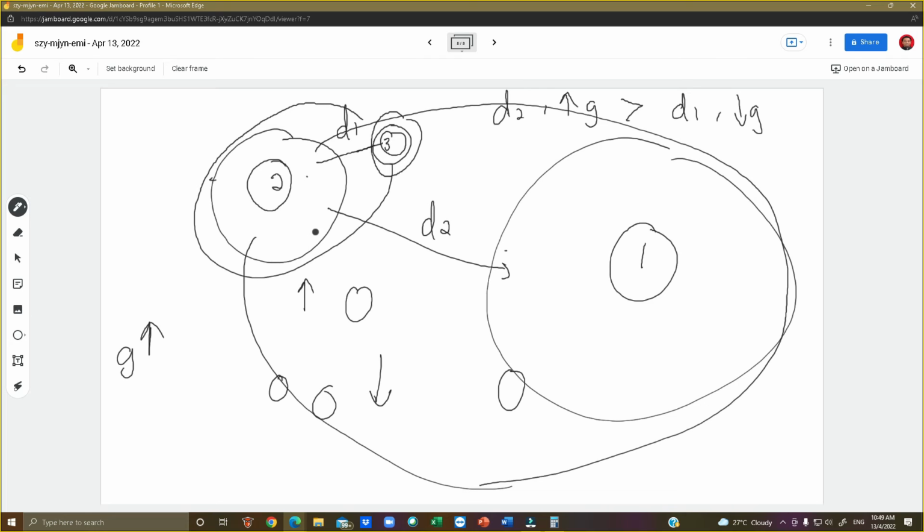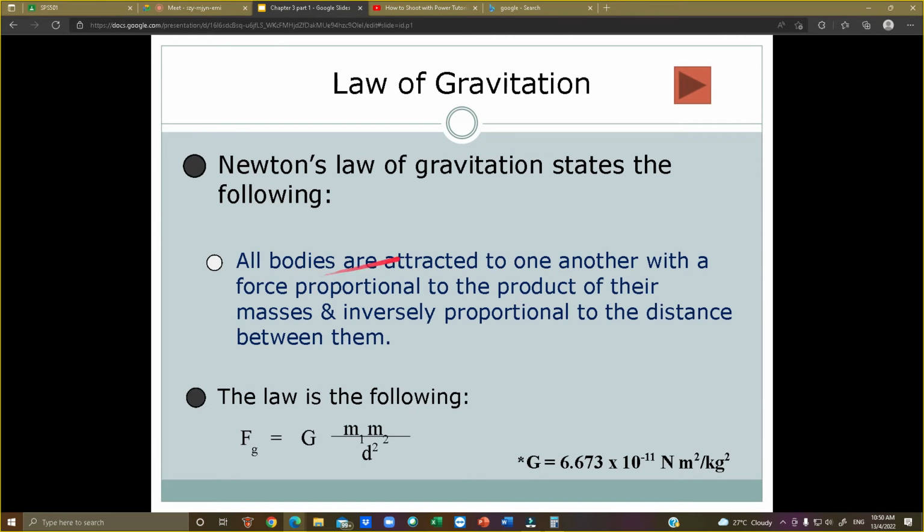No, it is due to two things. One, it is due to the mass. Two, it is due to the distance. Distance between mass. Okay, satu, dua. Ini konsep. This is just concept. Body attracted to one another with a force proportional to the product and inversely proportional to the distance between them.